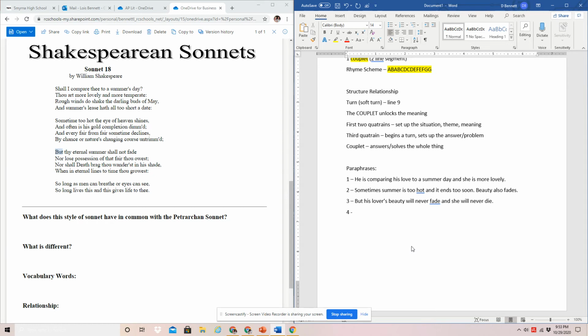And the solution that is in this couplet says, "So long as men can breathe or eyes can see, so long lives this, and this gives life to thee." And so we discussed at length how this means the poem. After all, how is it that we here 500 years later know about the beauty of Shakespeare's lover?